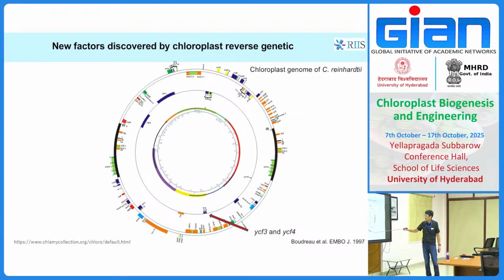And with YCF3 present and YCF4 knocked out, PS1 is also gone. So that happened. Then we thought that YCF3 and YCF4 are involved in PS1 accumulation. Probably we thought at the time already that they may be important for assembly of the PS1 complex, but we needed evidence to show this.